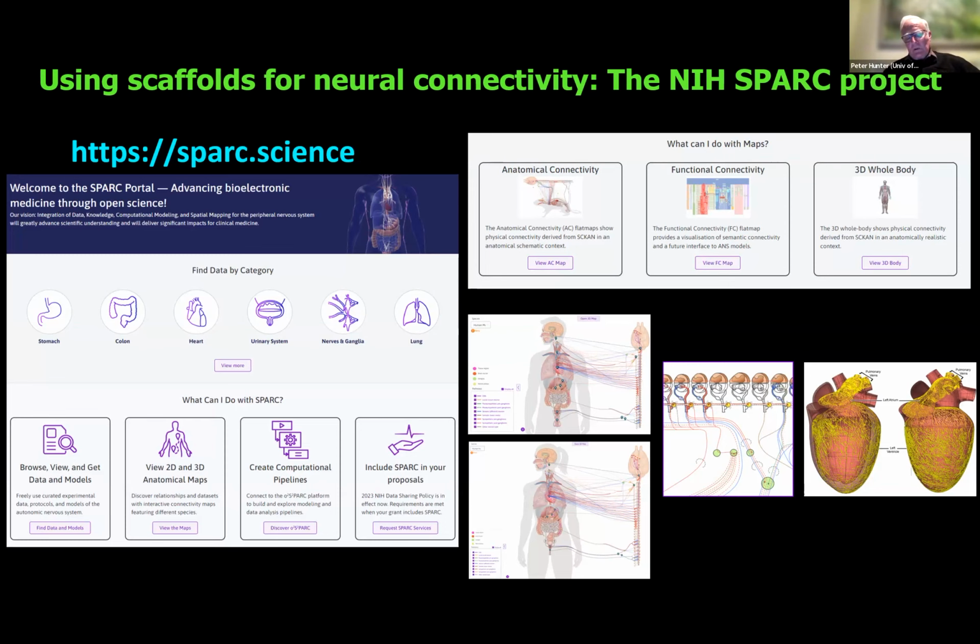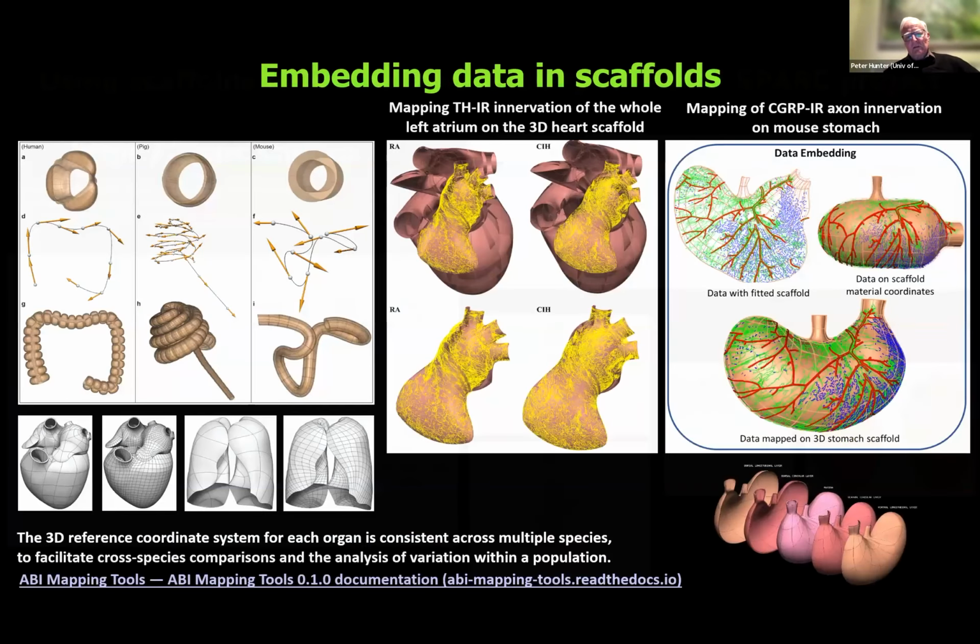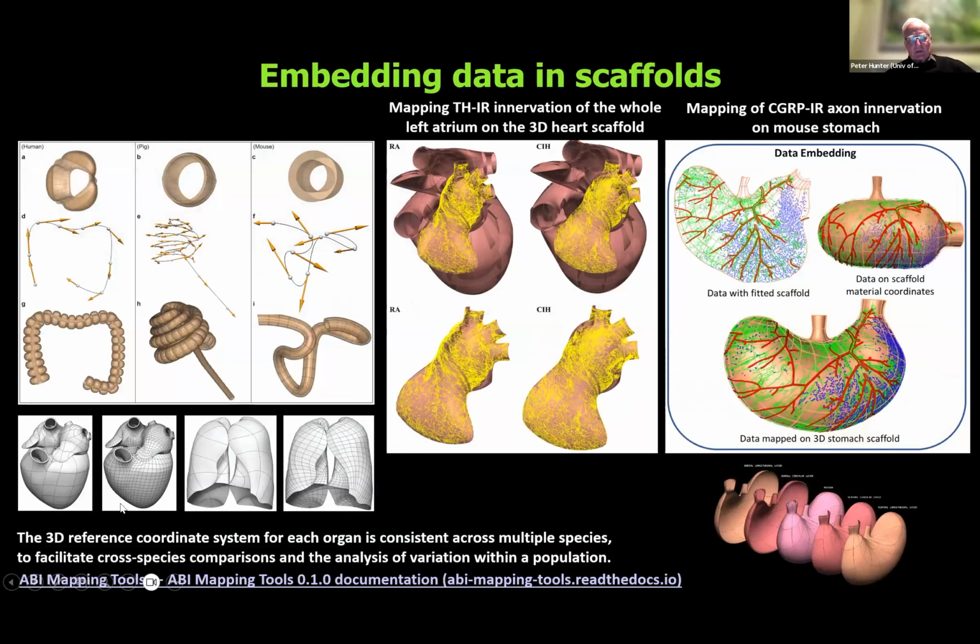What we're doing with the scaffolds here is basically designing spatial scaffolds that allow data to be embedded in a coordinate system that provides a reference for material coordinates within those scaffolds.